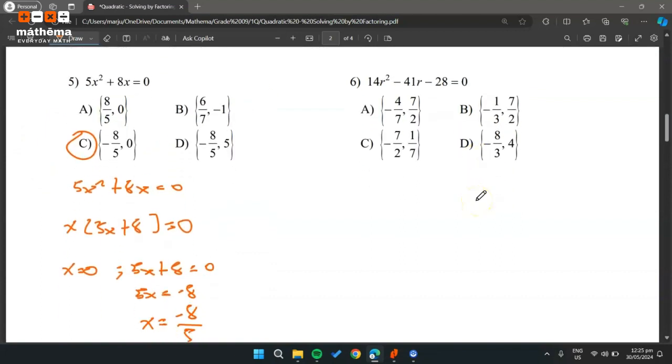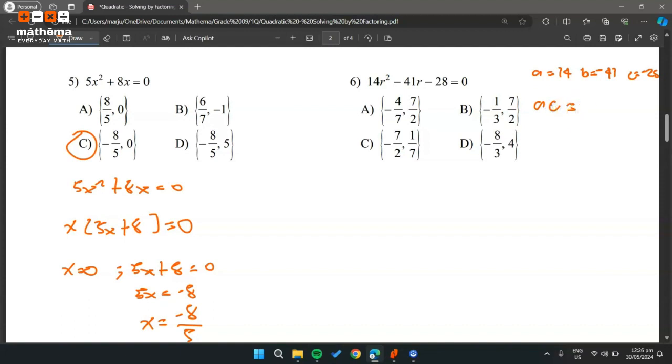Now let's have number 6. So number 6, we have A, B, and C. So again, we are going to write that one. A is 14. B is negative 41. And then C is negative 28. So what is A times C?